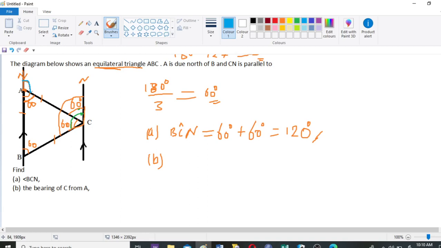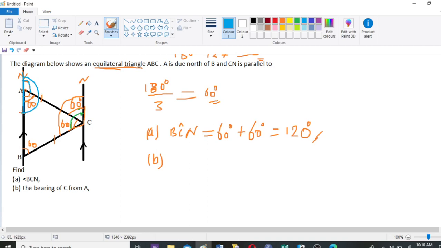And then you need to remember that this line here, the one I'm drawing in blue, is a straight line, which is 180. The total angle from here up to here is 180, right?